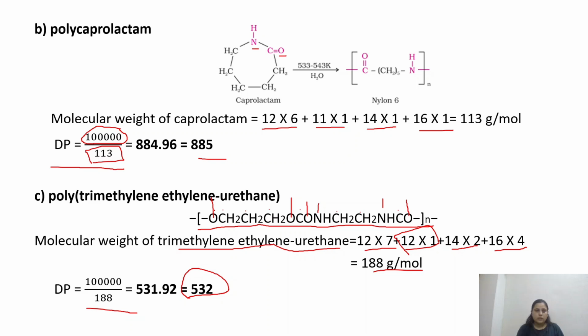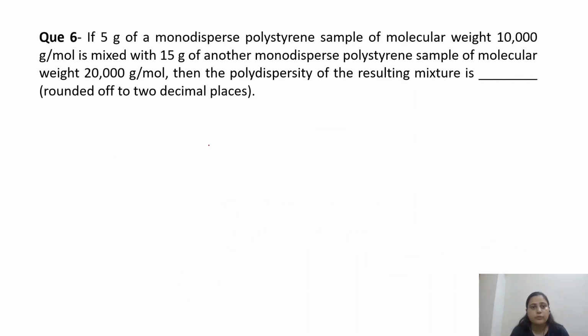Now let's discuss question number 6: if 5 gram of a monodispersed polystyrene sample of molecular weight 10,000 gram per mole is mixed with 15 gram of another monodispersed polystyrene sample of molecular weight 20,000 gram per mole, what is the polydispersity of the resulting mixture?